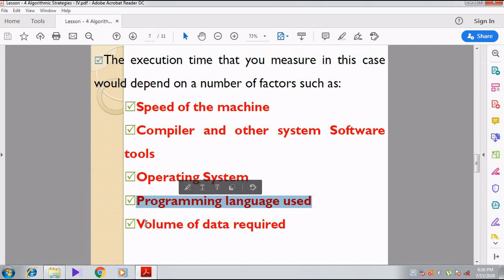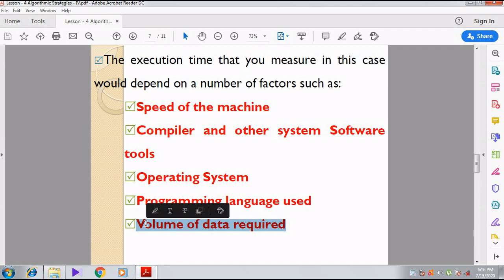And then volume of data required. How much data is required to run that particular program? What data is needed for running the program? So based on these factors, the execution time can be measured, right?